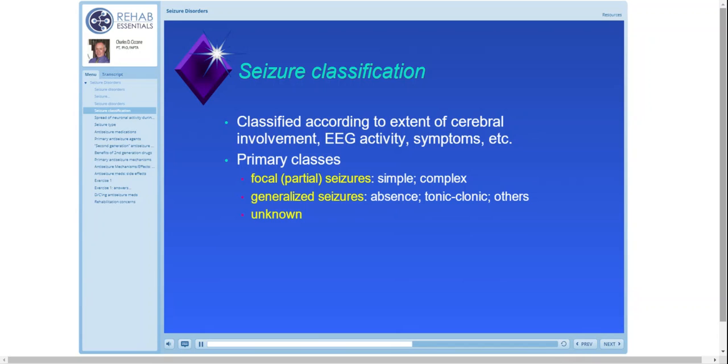As opposed to these are the more generalized seizures, such as the absence seizures, what we used to call petit mal seizures, the tonic-clonic seizures, what we used to call grand mal seizures, and various other generalized seizures. A third category exists to classify any seizures that don't fit into the first two categories. By understanding these classes, we can better get an idea of what drugs might be the most useful in various types of seizure disorders.